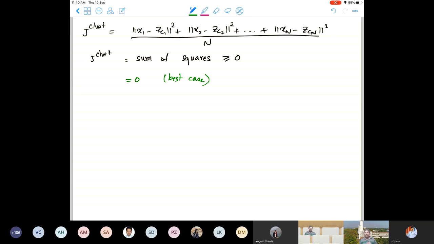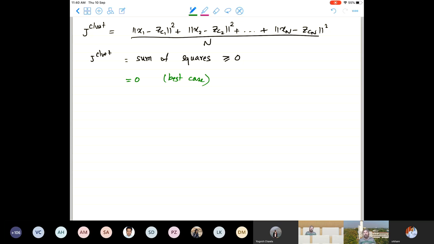The value of this will be equal to 0 if you have k clusters, so C1 takes values from 1 up to 3. And each of these vectors, when you do the cluster assignment, actually coincide with the cluster representative. So what you really mean is that you don't have capital N number of distinct data points. You have only k number of distinct data points, which are actually your clusters.